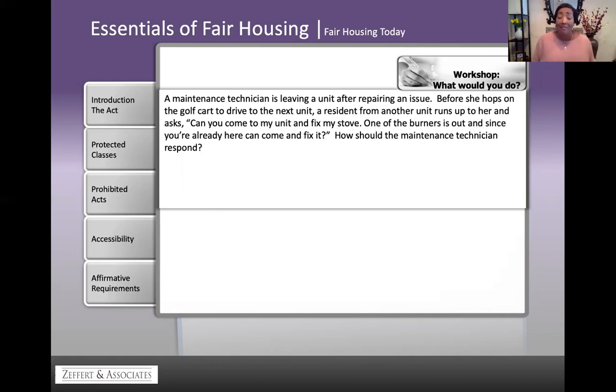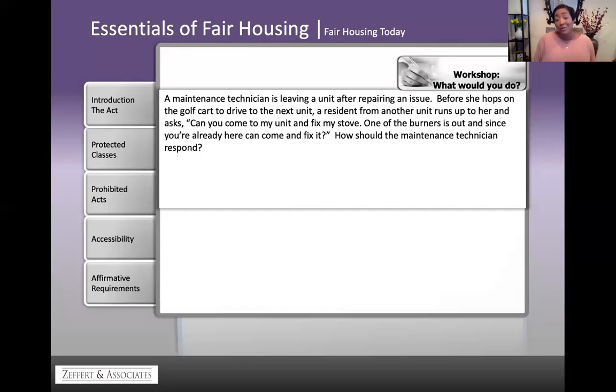Why? Because you have policies in place for what is priority as far as work orders, and you don't want to show favoritism. You don't want to discriminate against one resident over the next because you decided, well, since I'm here, I might as well fix the burner on your stove.